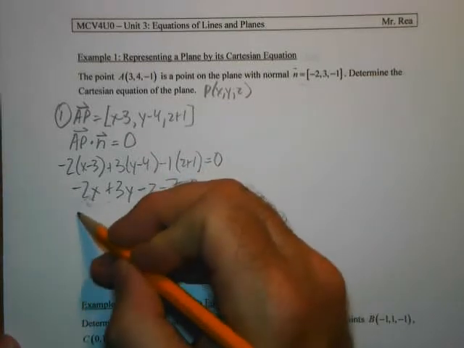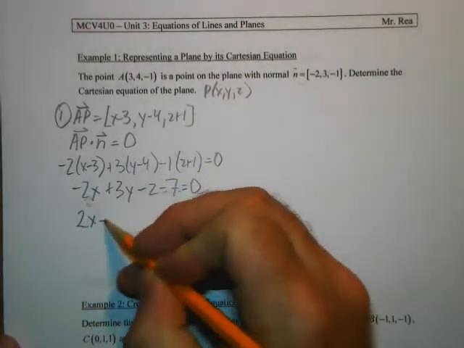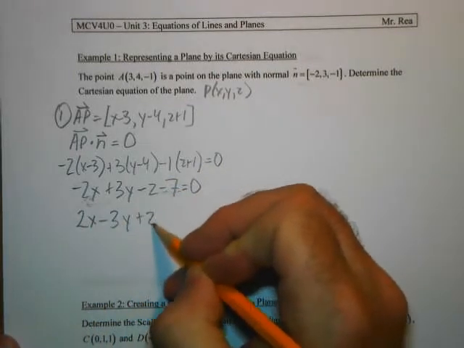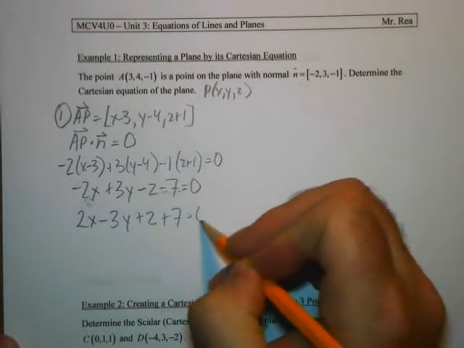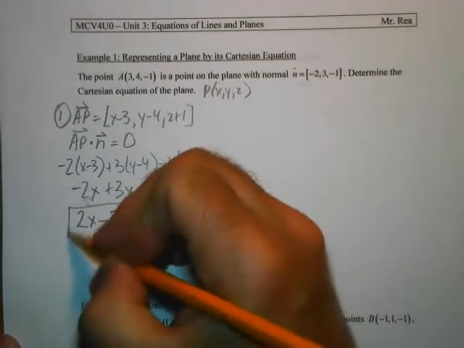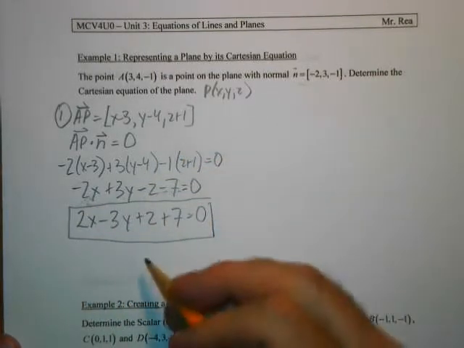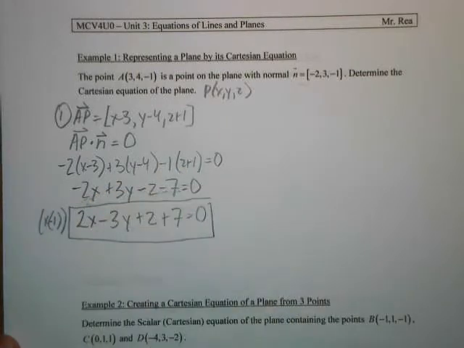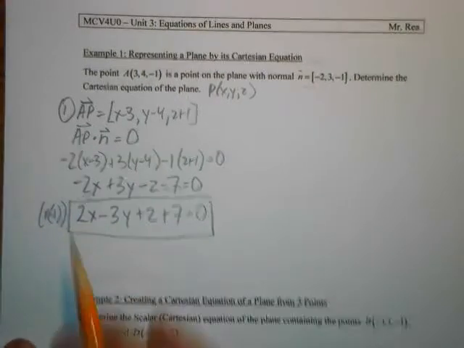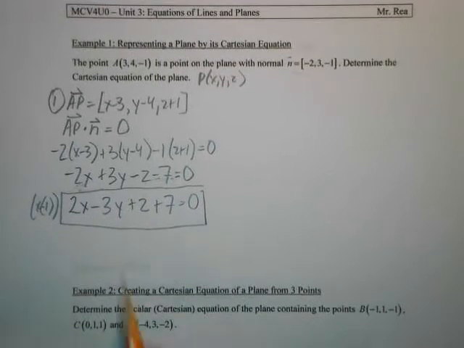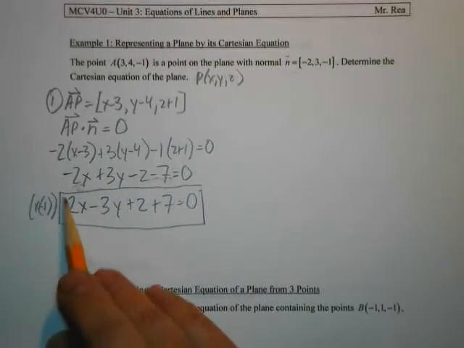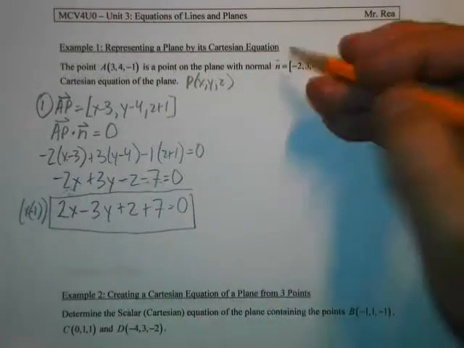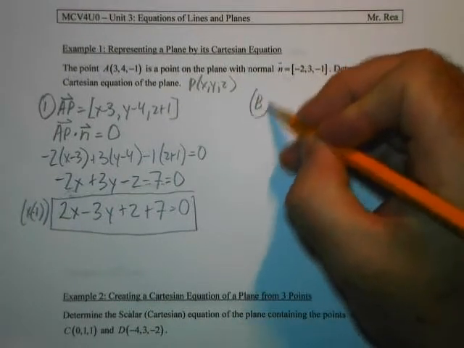It's basically flipping all the signs. Okay, and this is the Cartesian equation I'm going to use. So I basically multiplied this by -1, just because mathematically we prefer that leading coefficient to be positive. Okay, so that's the way I don't do it, but you could.